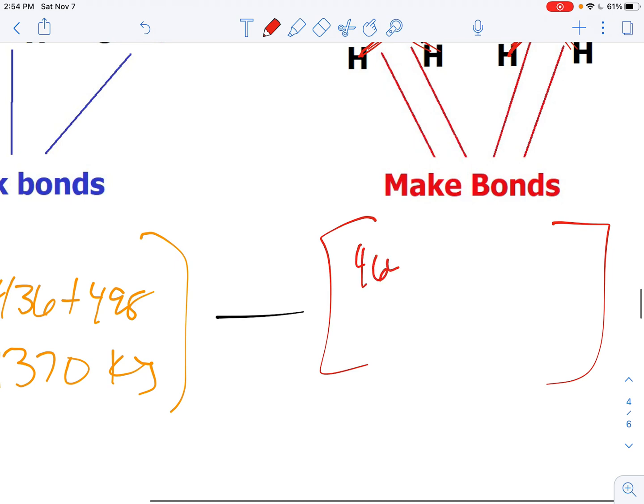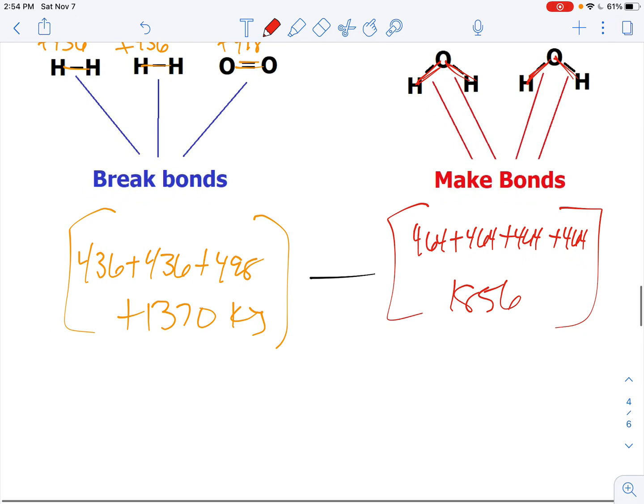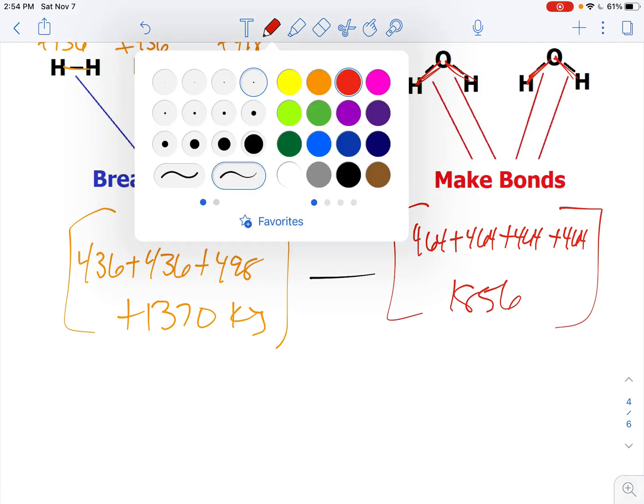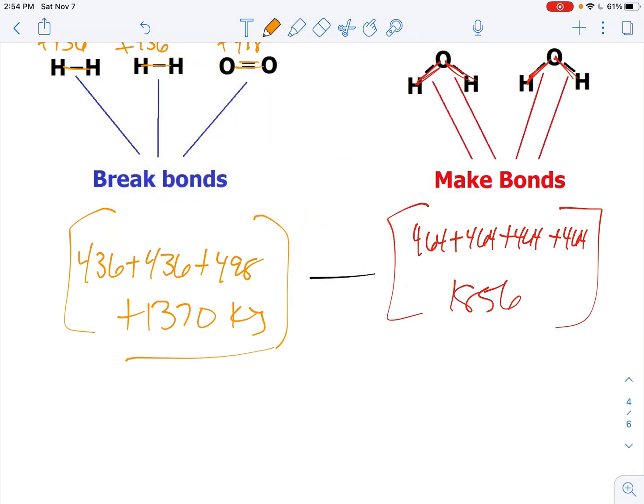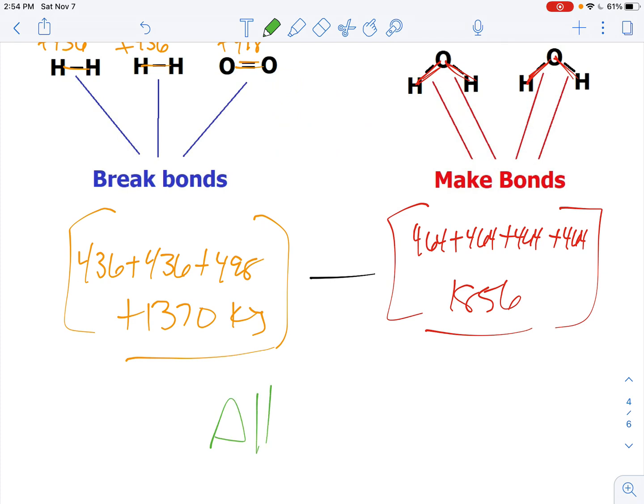So this is going to be 464 plus 464 plus 464 plus 464, 464 4 times. So that's 1856. So I am going to take my orange 1370 here, and then I am going to subtract from that my red 1856 over here.